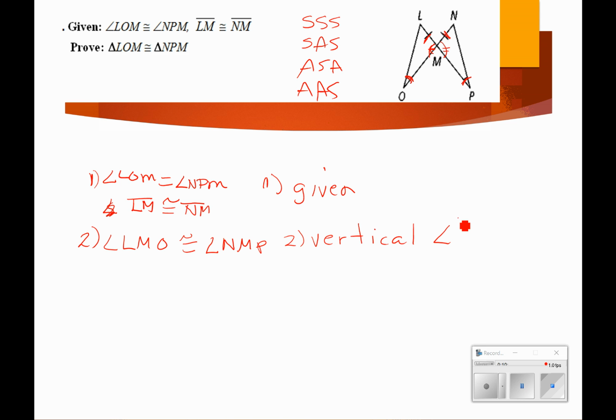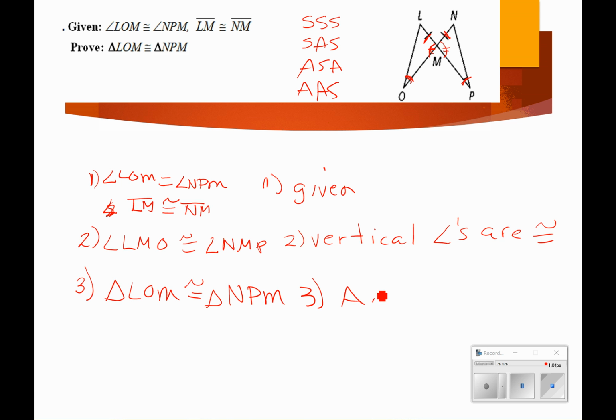Use the angle symbols. And now I've got enough to prove the triangles congruent. So I can say that triangle LOM is congruent to triangle NPM, and that's from angle, angle, side. So there is my congruency there.